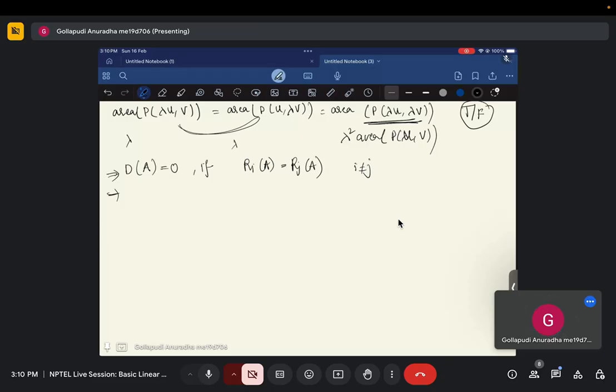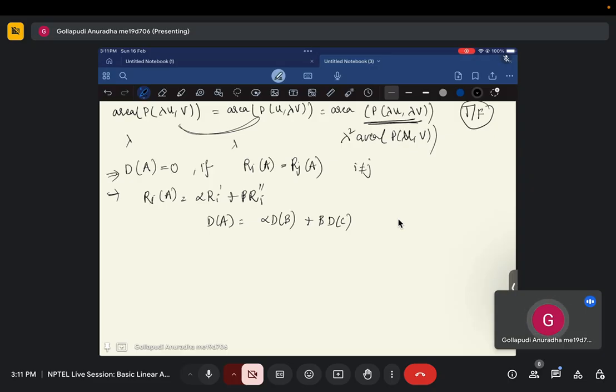And if any row of A can be written as a linear combination of two different rows, then the determinant of A will be equal to a linear combination. We'll discuss this in detail a bit later.